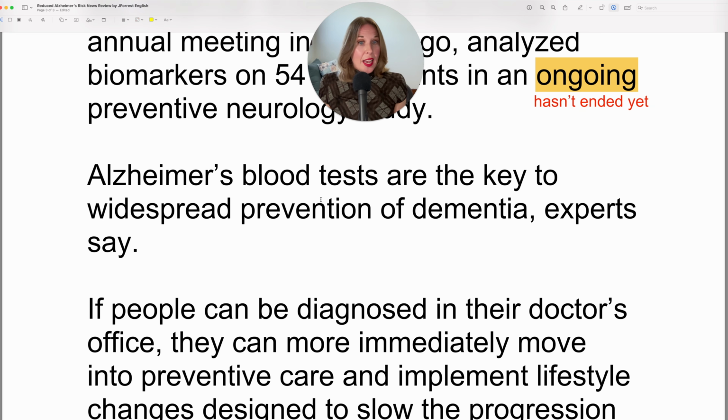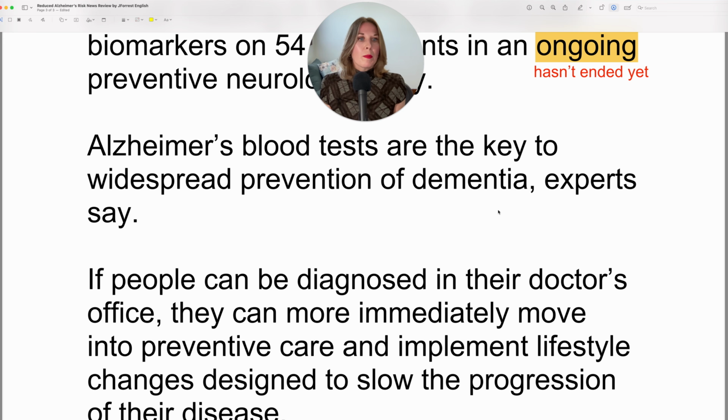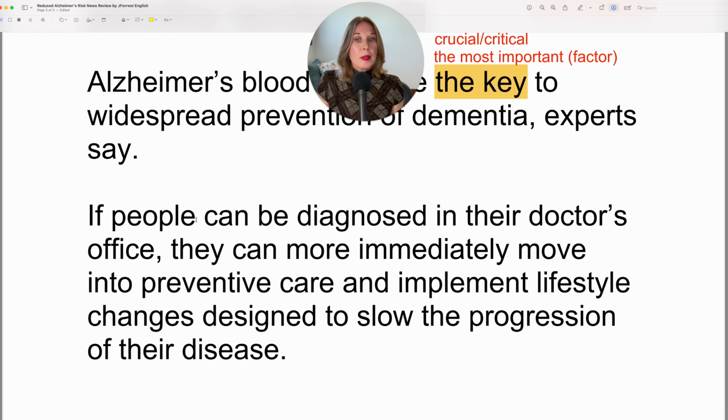Alzheimer's blood tests are the key to widespread prevention of dementia, experts say. So the key, the most important. So are critical, are crucial, are the most important to widespread prevention. Let's keep going. If people can be diagnosed, so the people are receiving, right? So that's why it's in the passive.